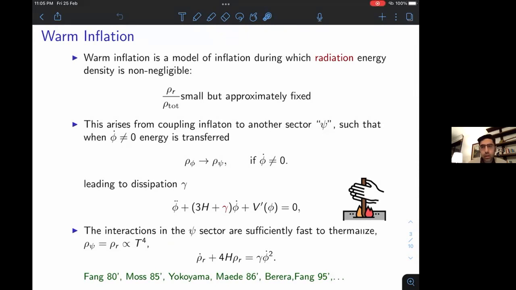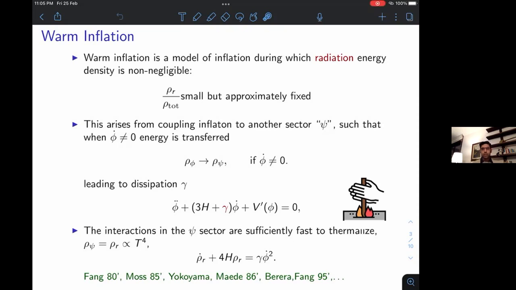Now, the idea of having particle production during inflation is an old idea. It goes back to the 80s. However, usually there is some problem with implementing this idea and getting warm inflation. The problem is that having a large friction usually leads to having a large back reaction on the potential.